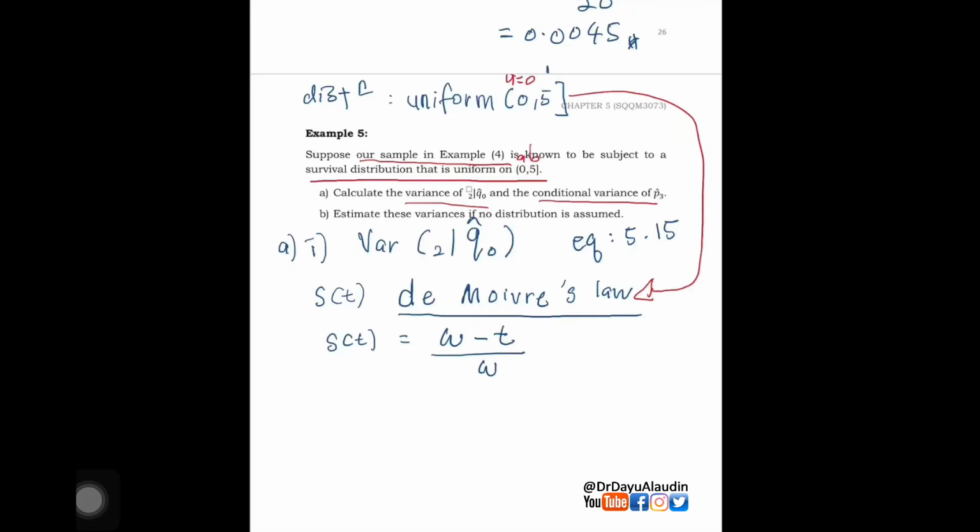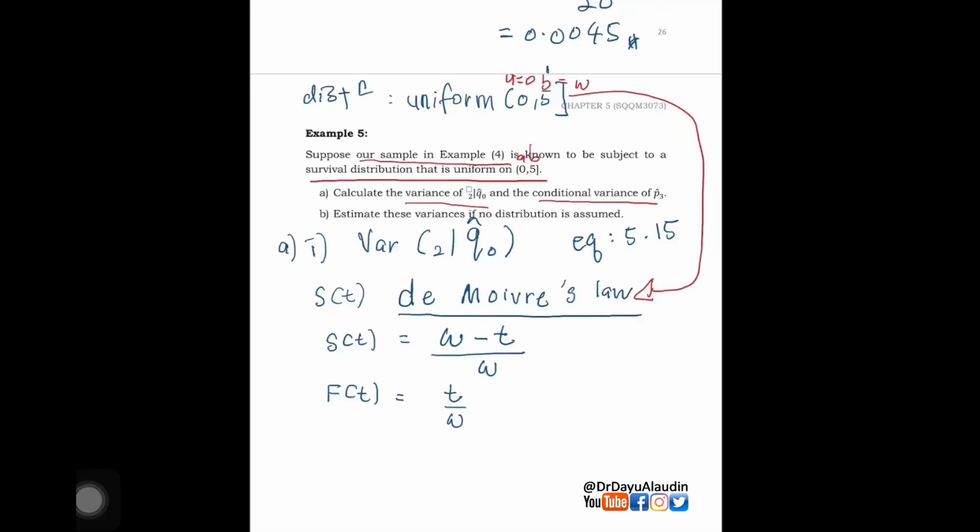B here is actually omega, the highest age. So S(t) is omega minus t over omega, F(t) is 1 minus S(t), and we will get t over omega.